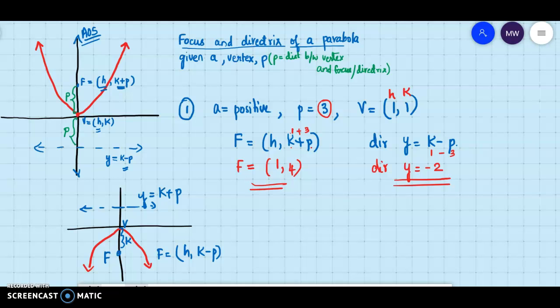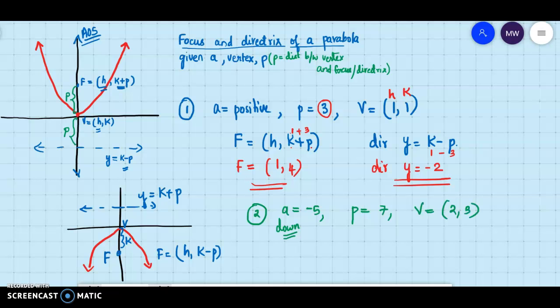So let's say we are doing another example. Example number 2. I gave you a is negative 5. So we know that a is a negative number, so this parabola faces down. This just tells you that the parabola faces down. And p will be given to you, let's say p is 7, and the vertex was given to you, let's say it is 2, 3.